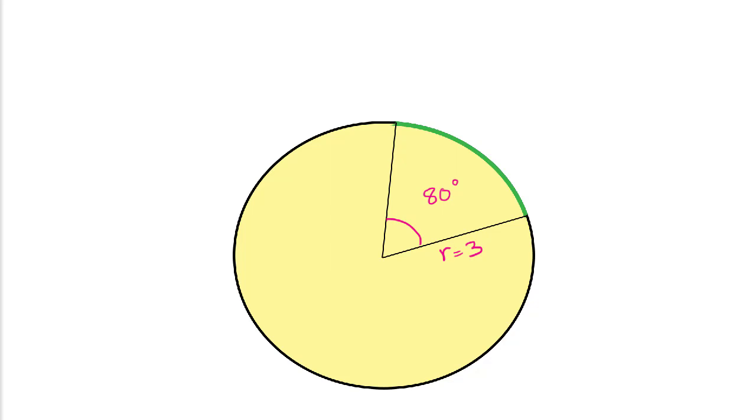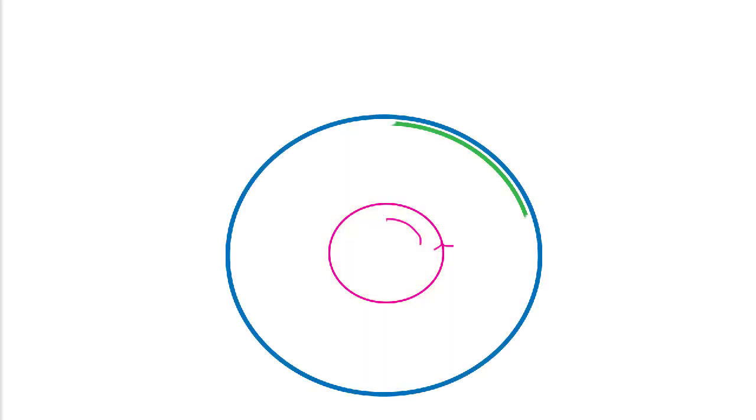I can say the ratio of my central angle, 80 degrees there, to a full rotation around the circle, 360 degrees, is essentially the same as the ratio of the length of my arc for that sector, the green shown, compared to the entire circumference of the circle.